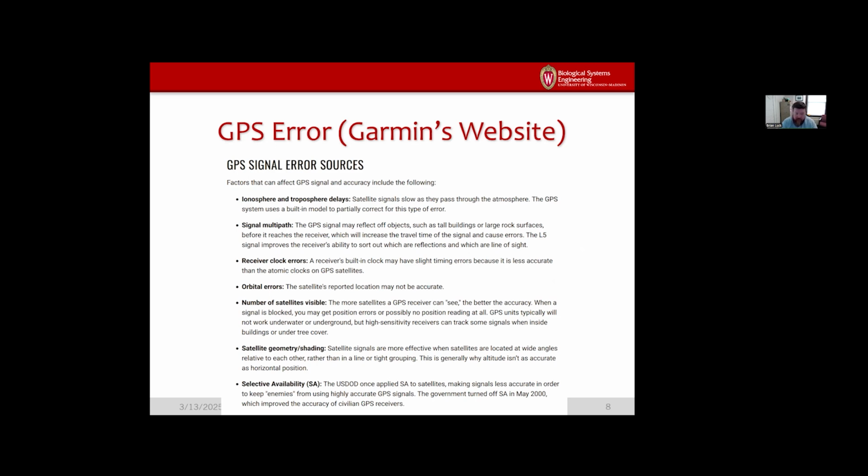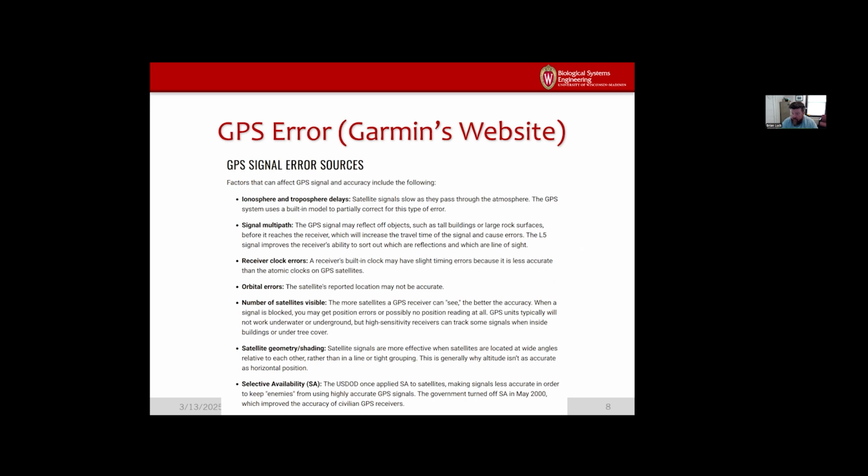The other thing that we can sort of control-ish is the number of satellites visible. And so we say that sort of control-ish. So basically, if you're in the city and there are buildings between you and 5 or 6 satellites, you won't be able to accurately determine your location. Same thing happens on the farm.